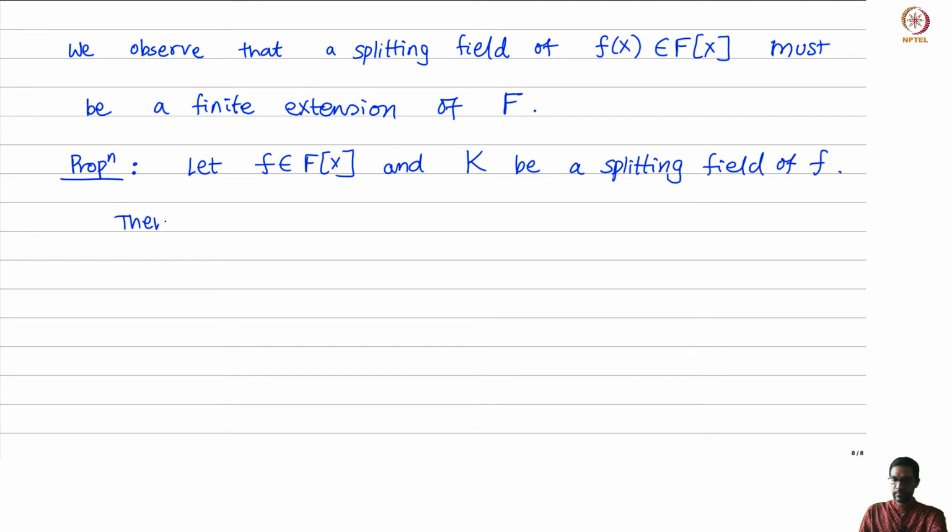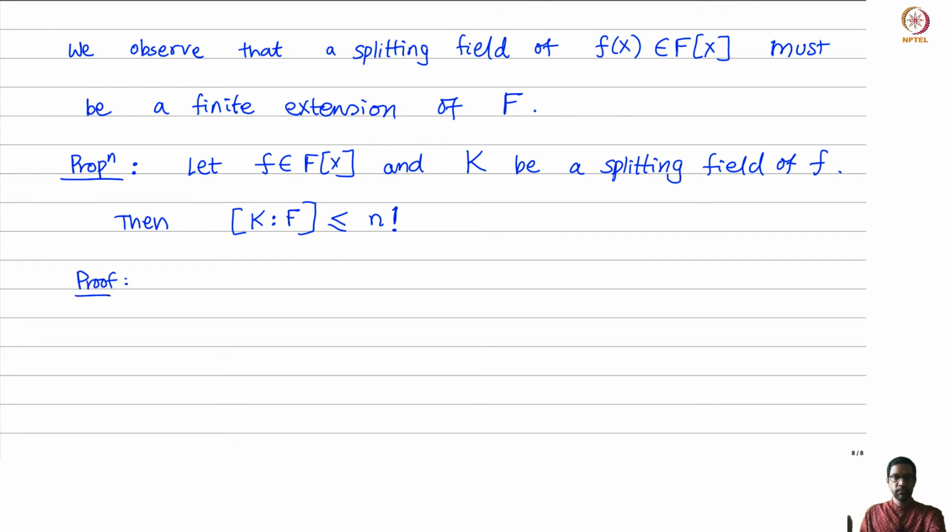Then not only is K a finite extension of F, we also have a bound on the degree of the extension. It's finite and the degree is at most n factorial. Okay, so let's prove this.